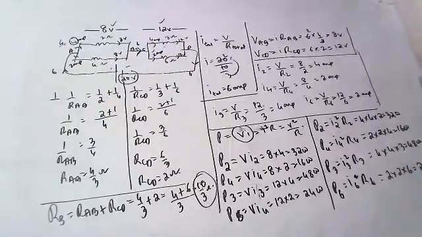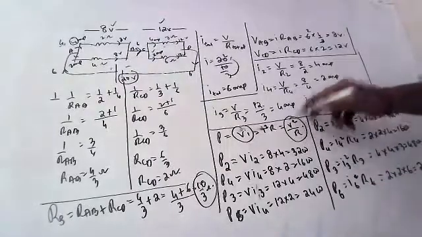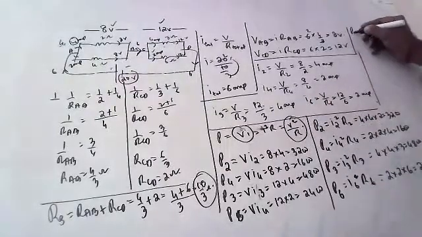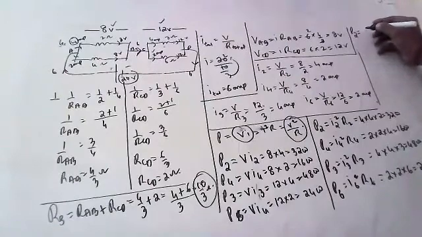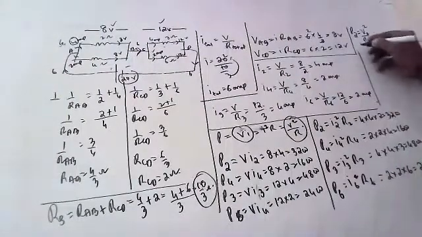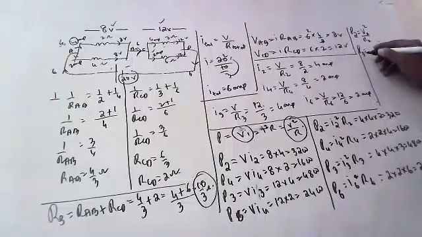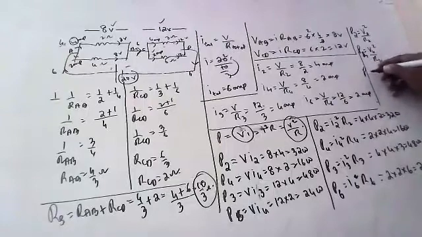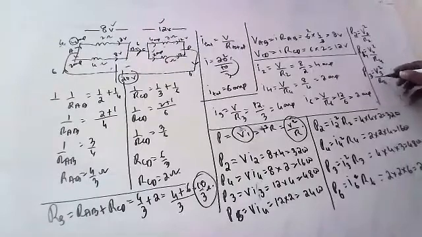Let me use the third formula also, children, for your understanding. P2 is equal to V2 square by R2, P4 is V4 square by R4, P3 is V3 square by R3, and P6 is V6 square by R6.